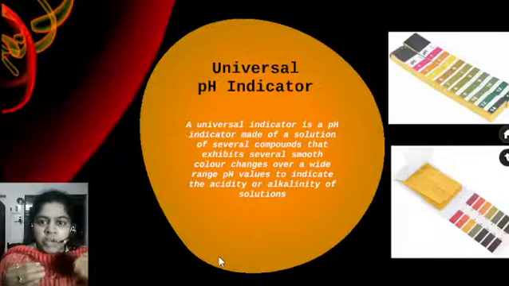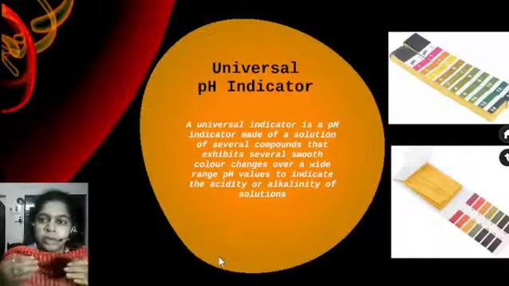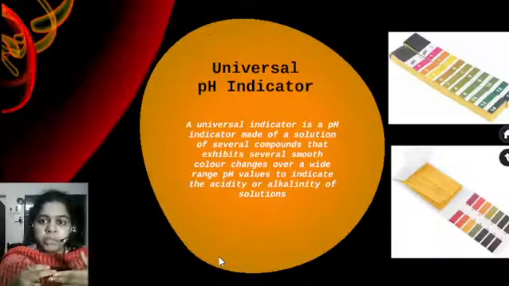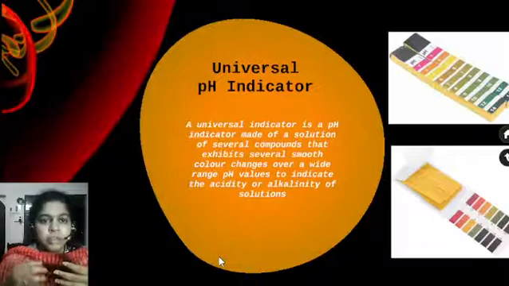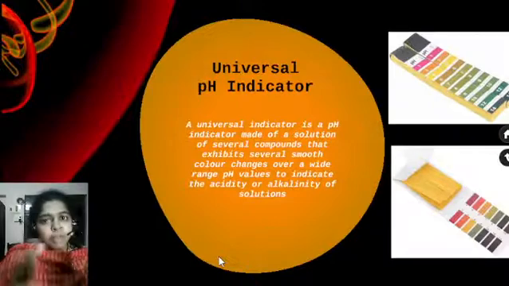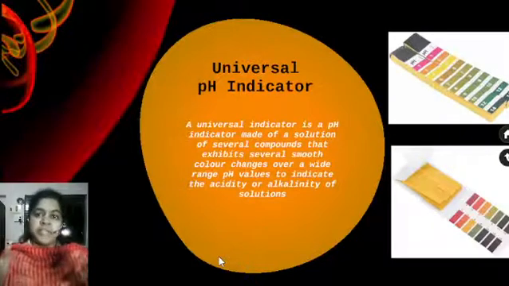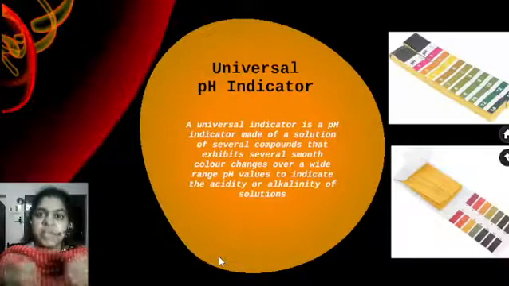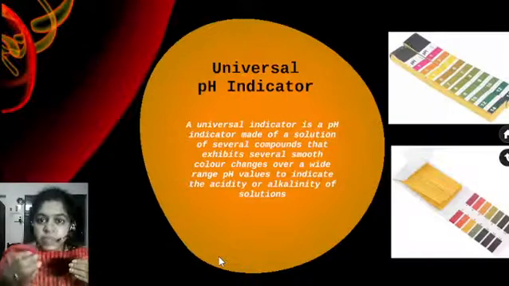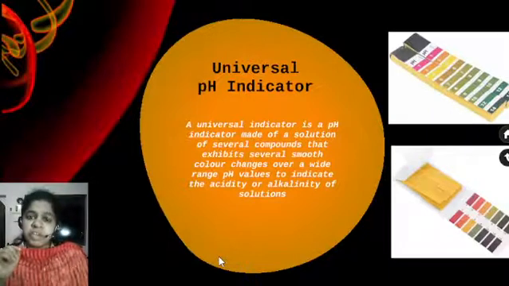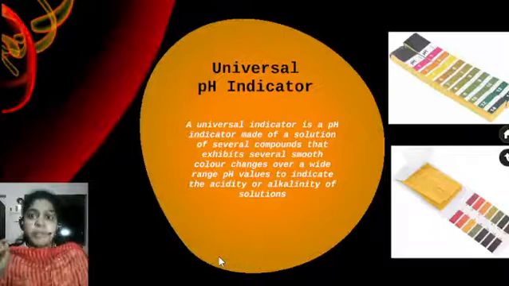Earlier, with the examples we have seen, like the China rose indicator, the turmeric, the red litmus or blue litmus, phenolphthalein or methyl orange, we were able to know whether it is an acid or a base, but we were not able to say even the approximate value of the pH. We are unable to say whether it is pH 2 or pH 3 or pH 8. But by using this universal pH indicator, we can give an approximate pH value.